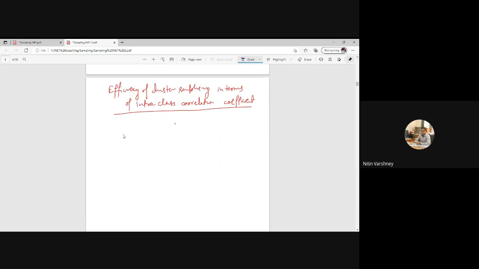So the basic formula of correlation is covariance between x y upon sigma x sigma y.